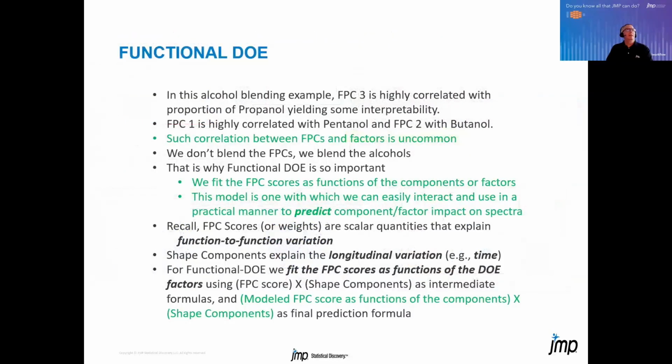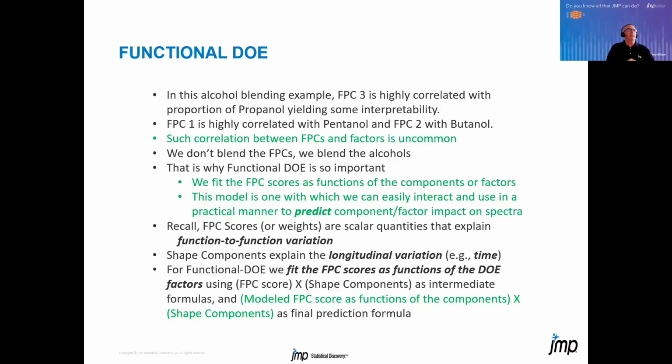Okay, so what comes out of all this is that we want to try and do something called a functional design of experiments, or functional DOE. In this alcohol blending example, functional principal component 3 is highly correlated with proportion of propanol. So you get some interpretability out of that. And then, like I said before, FPC1 is highly correlated with pentanol, and FPC2 is butanol.